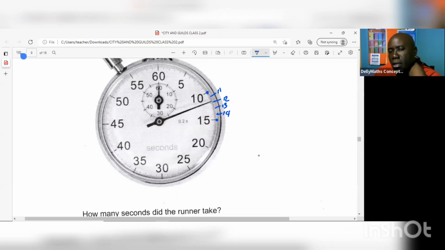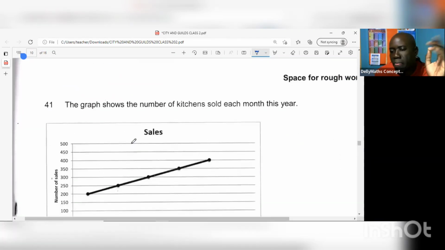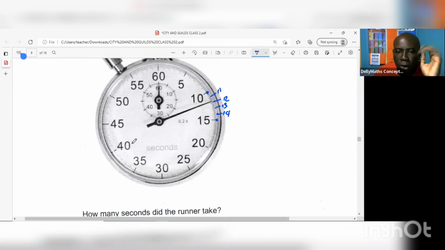My answer is so close to 11 to 12. It's not yet 12, but it's very close. I'm looking for 11 point something. So this is close, but not there. The answer is 11.8. 11.4 would not cut it based on where they.